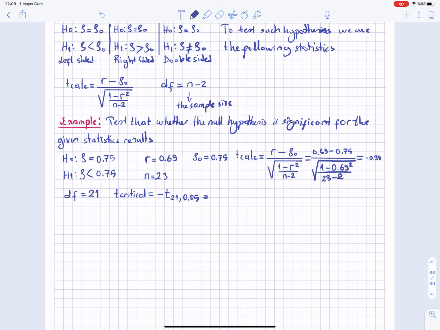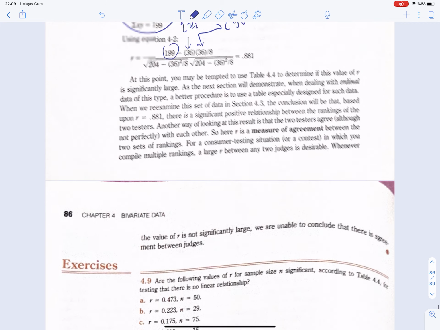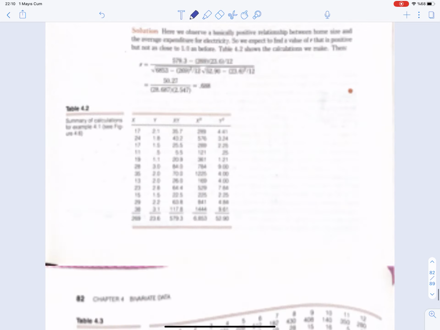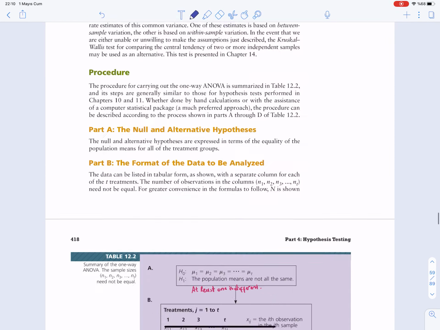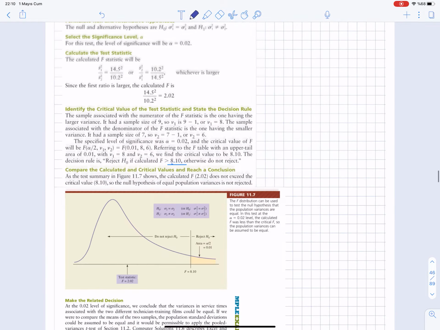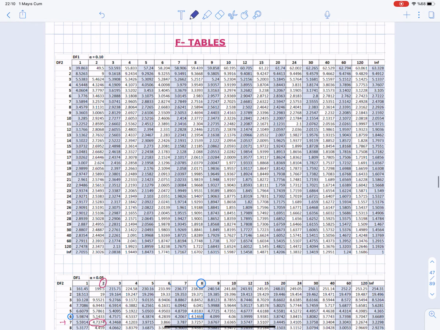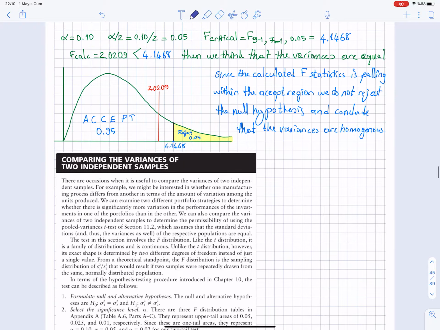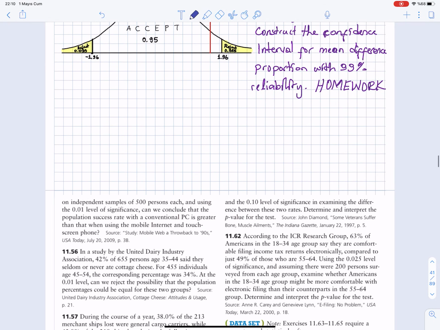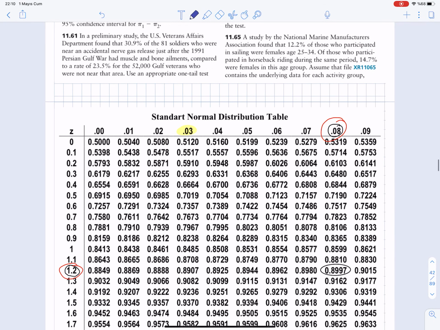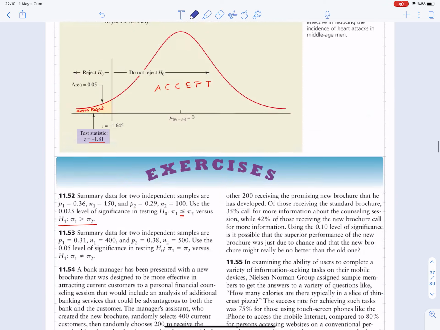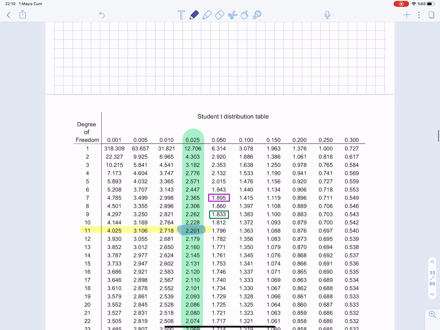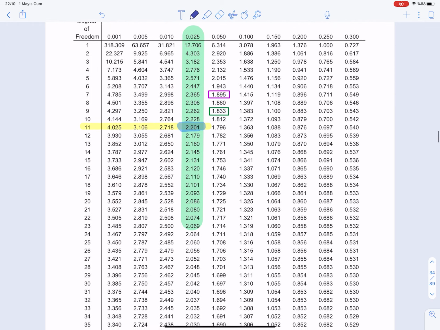Let's get this value from the T table. I should have this table from the previous lecture. Those are the F table, and this is the standard normal distribution table. Let me get the T table. Yes, that's the T table.